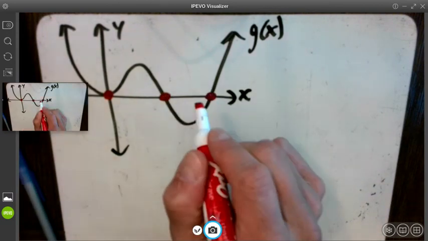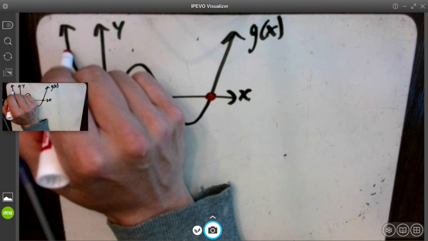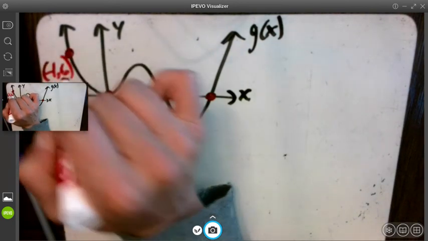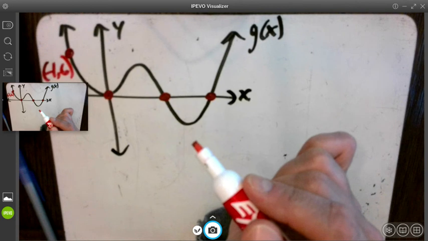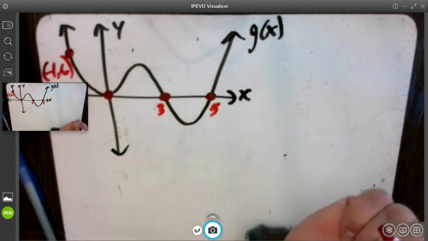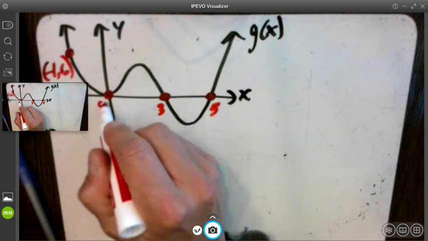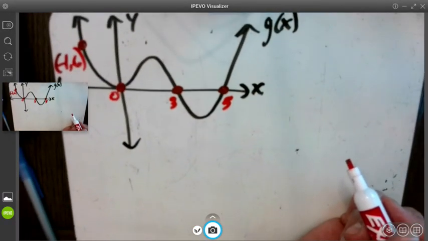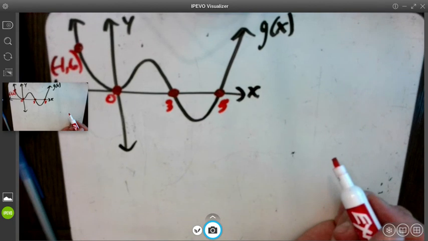So we've got our roots, and we've got some other random ordered pair. -1, 6. Root at 0, root at 3, and root at 5. Okay? So if I'm looking at this, this is my picture. We have to come up with an equation for g of x.